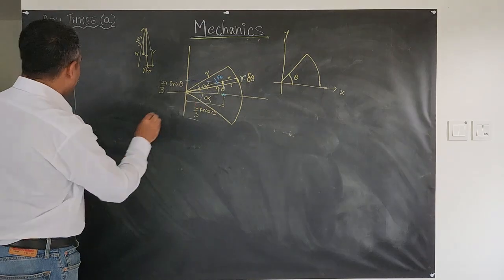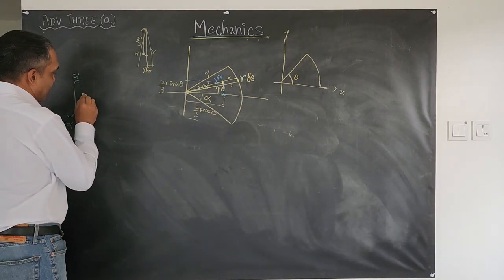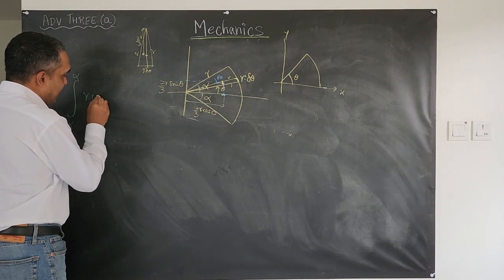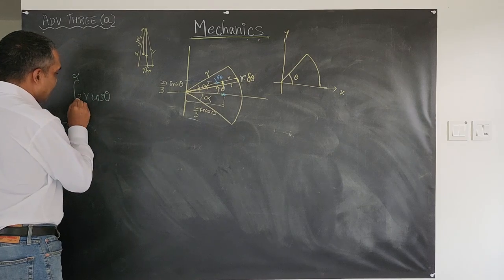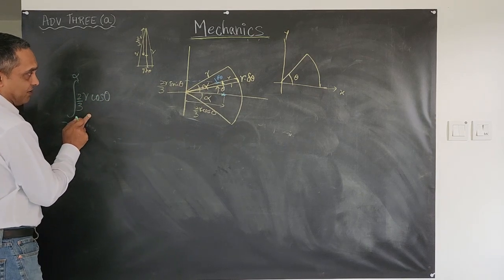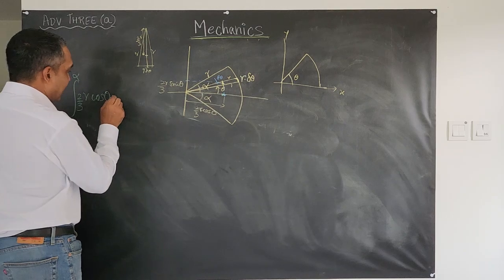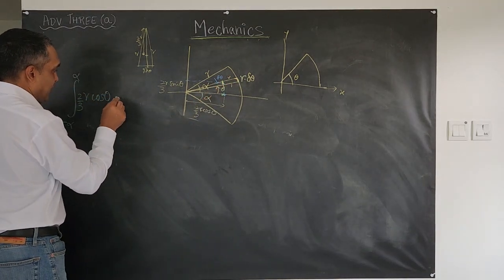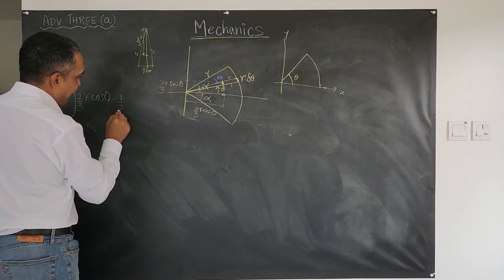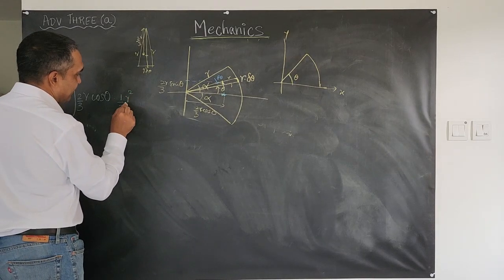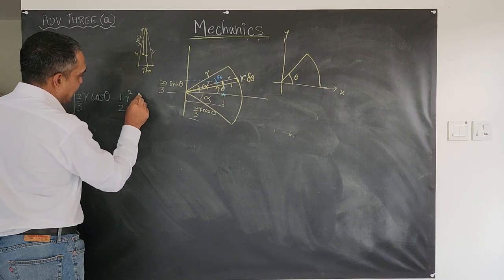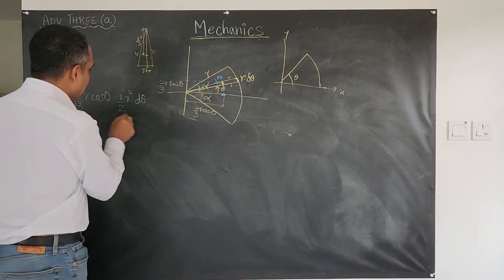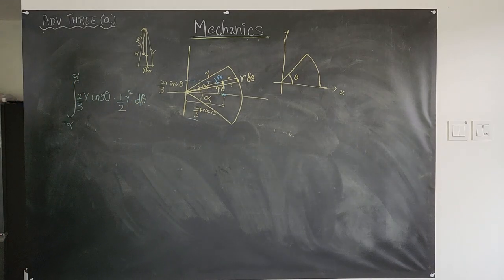But the factors inside don't change, which is 2/3 r cosine theta, doesn't change, right? And the infinitesimal area doesn't change either, which is 1/2 r squared delta theta. These don't change, right?